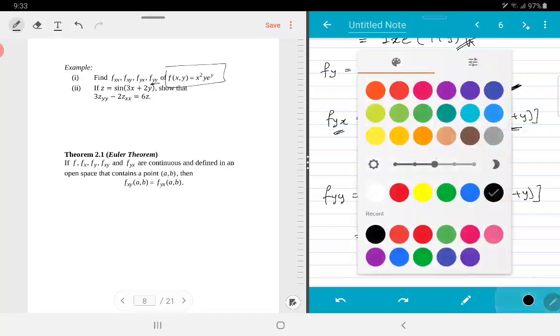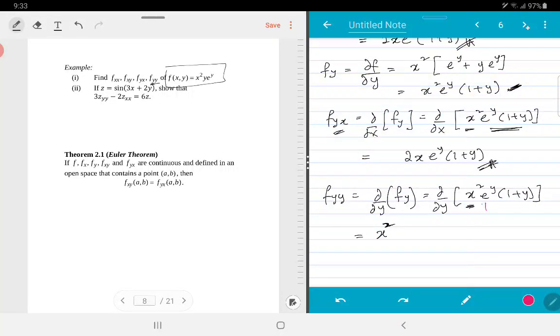Let's say this is our u and this is our v. Now using the product rule, differentiate e^y, we get e^y, then copy v. Then copy e^y, then differentiate 1 plus y with respect to y, and we get 1.